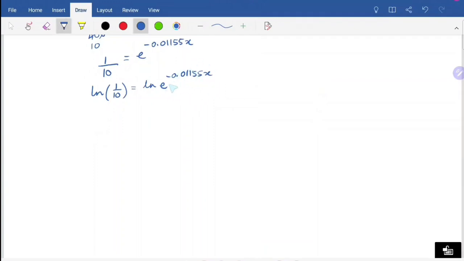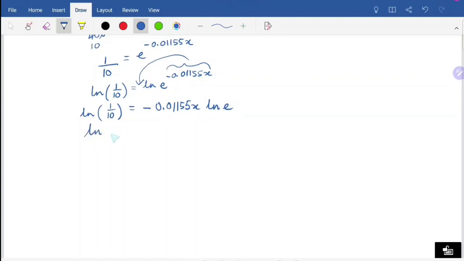We have to take the right hand side of the equation and apply the power rule to bring down the exponent part, and bring it down to the left hand side of ln e. So this is how it's going to look after we do that. It's going to be ln 1 over 10 on the left hand side. On the right hand side, it's going to be negative 0.01155x times ln e.